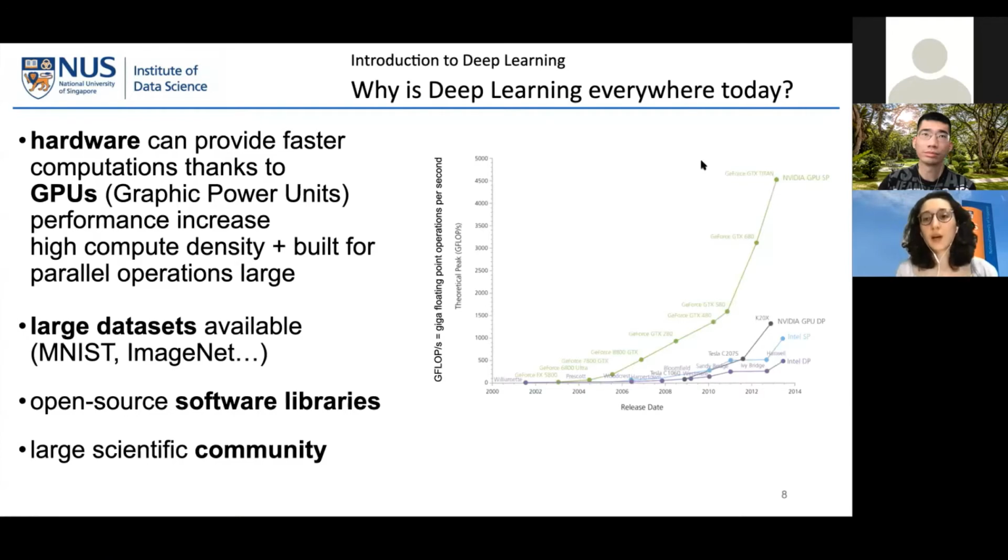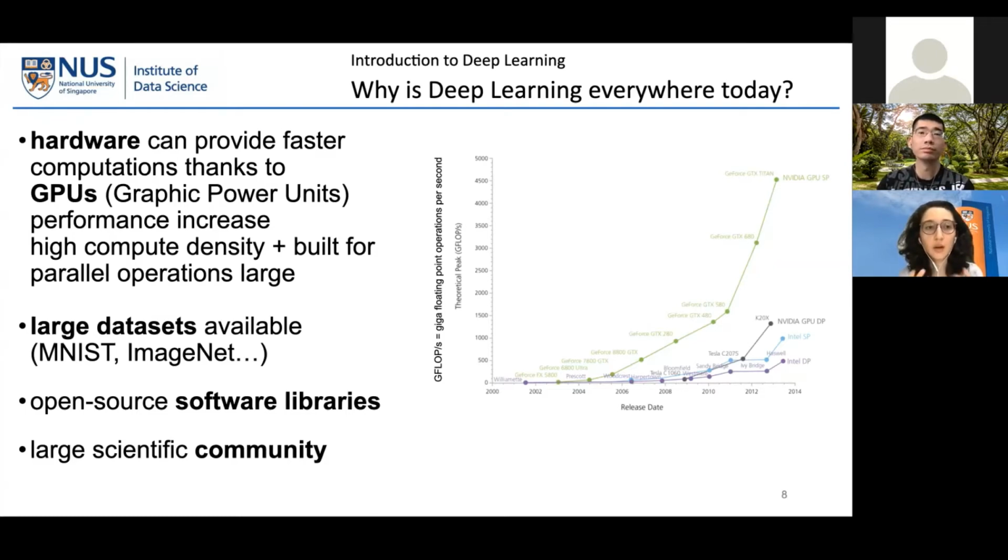Okay. Now, another idea that we can raise, because the deep learning model is not a recent concept. So why do we see so many deep learning papers today? Why do we always hear about deep learning everywhere? Basically, one of the reasons is that hardware has evolved.